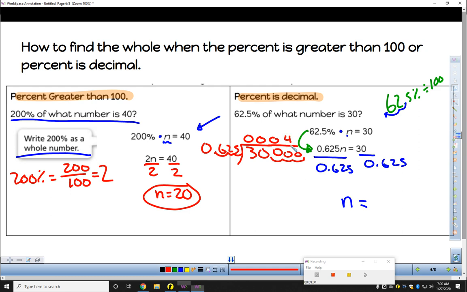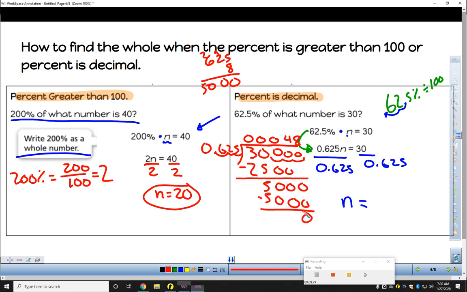That would be 2,500. And then how many are in 5,000? That's a great question. It's going to be less than 10 because that'd be 6,250. Let's try 8. 0, 40, 16, 20, 48, 50. Boom! Nailed it. Doesn't it feel really good to guess and check and get it on the first try?